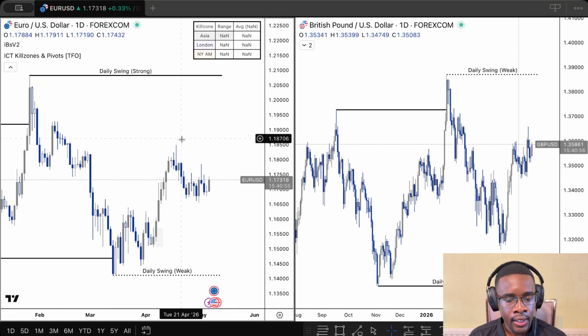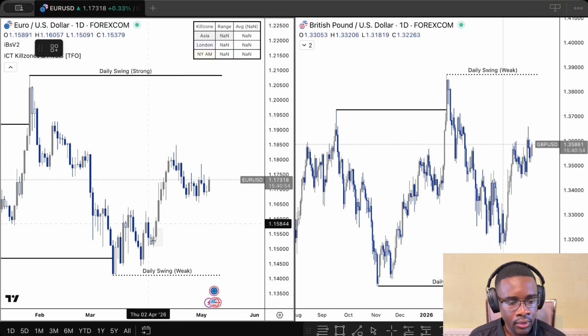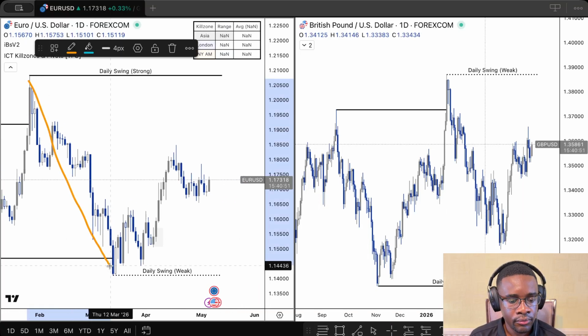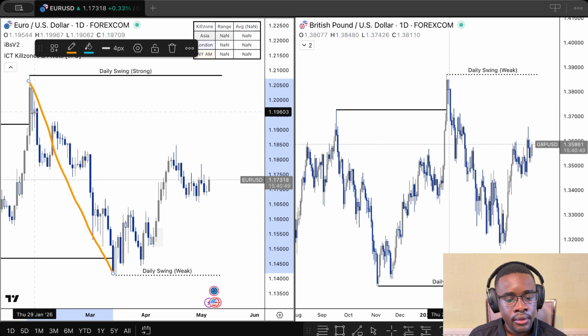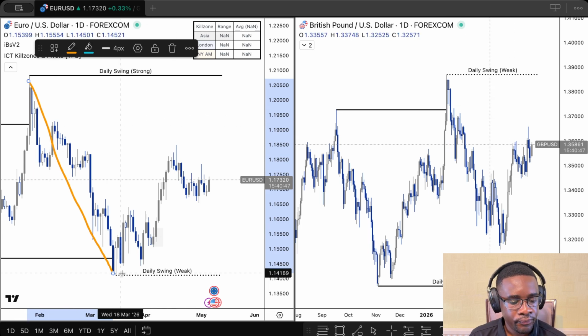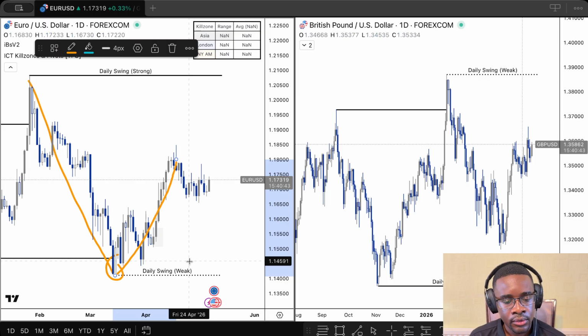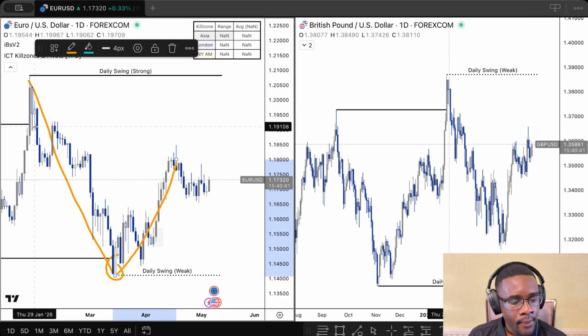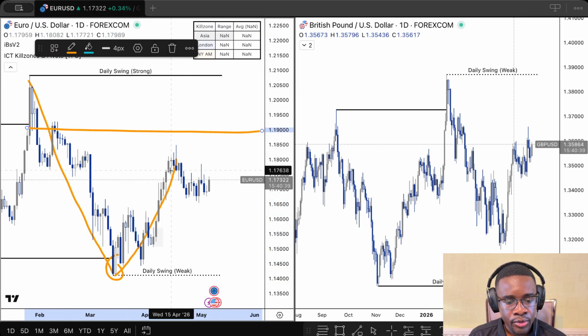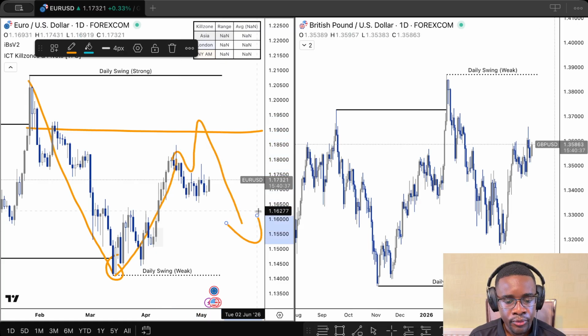From the daily, what we see for the Euro USD is the daily swing is bearish. We've had a break of structure, and we've started an internal pullback. It could come up to the extreme before continuing to the downside.